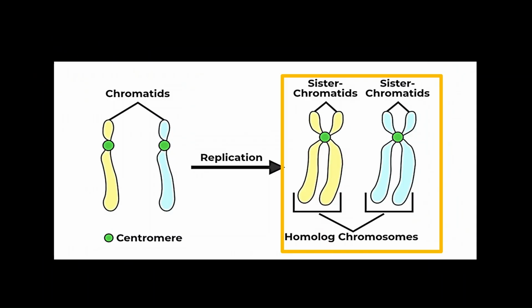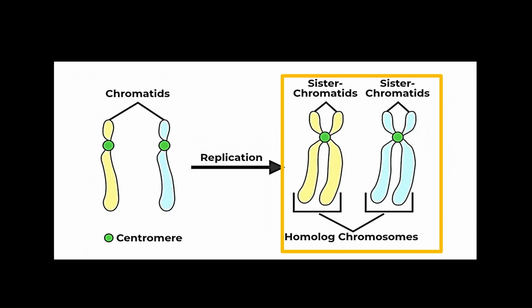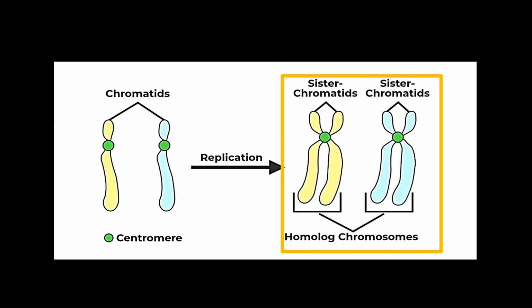If you examine further, previously we had only one threaded chromatid, but here we have two threaded chromatids for each chromosome. So the question is, how did this change to become like this? And the answer is simple.